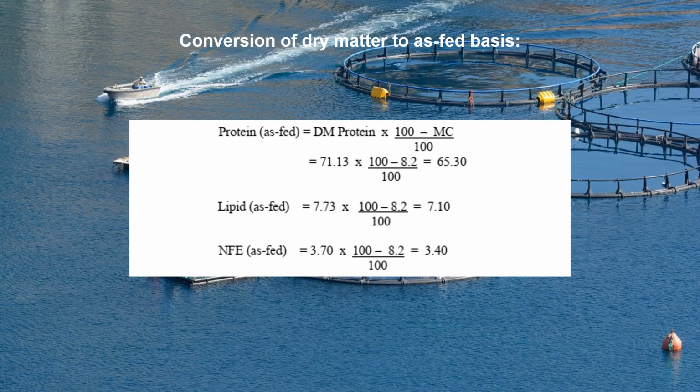So 7.73, which is the lipid in dry matter, times 100 minus 8.2, which is the moisture content, over 100 is equal to 7.10. So for the nitrogen-free extract, 3.70, which is the nitrogen-free extract in dry matter, times 100 minus 8.2, which is the moisture content, over 100 is equal to 3.40.